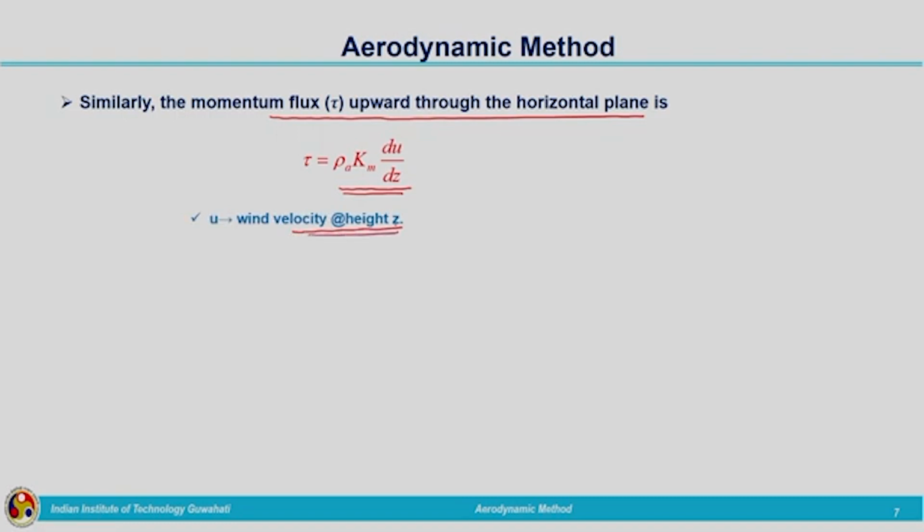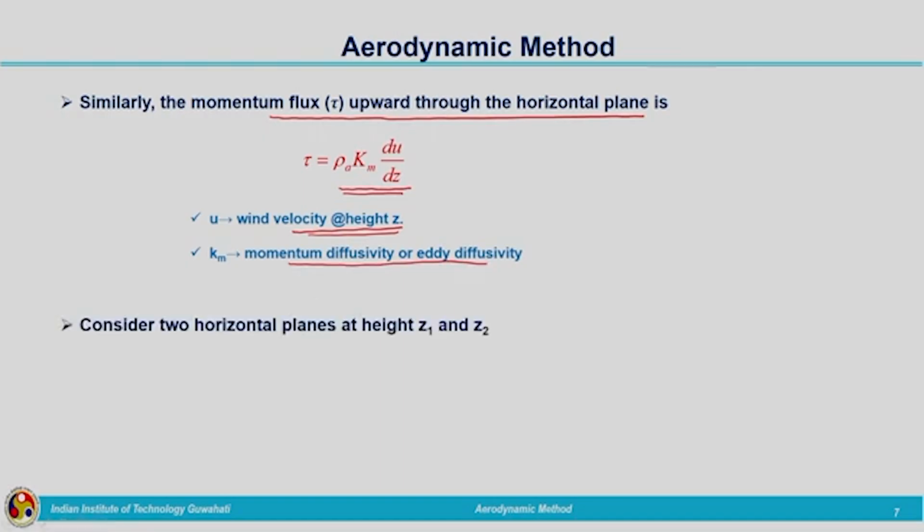We take du by dz, whereas in the previous case dQ_v by dz, specific humidity Q_v, was considered. When it comes to momentum transport, it is related to wind velocity, that is the wind velocity u at a height of z, and k_m is the momentum diffusivity or eddy diffusivity. Momentum diffusivity or eddy diffusivity is the constant of proportionality we are considering, and rho_a is the density of air.